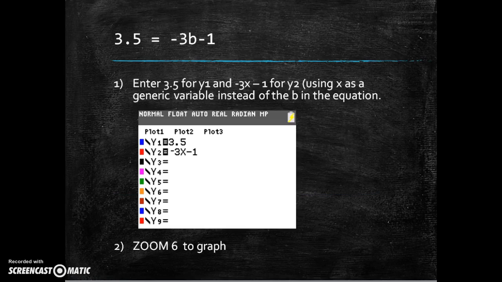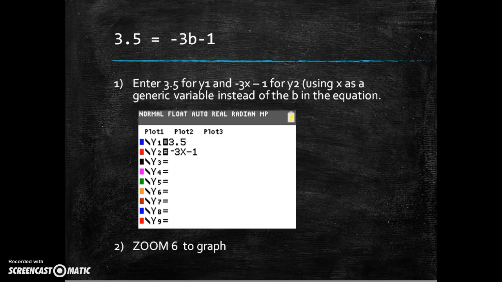So let's see it. First of all, that first equation that you have is 3.5 equals negative 3b minus 1. What I'm going to have you do right now is to enter 3.5. Okay, first, go ahead and go back to your screen where it says y equals. So on your calculator, hit y equals, top button on the left.